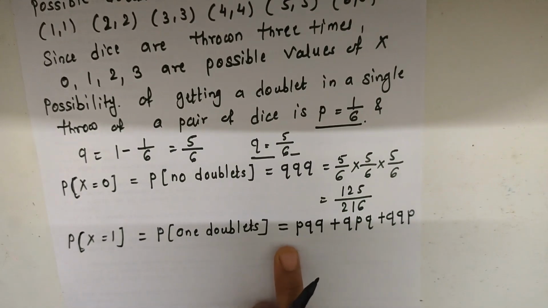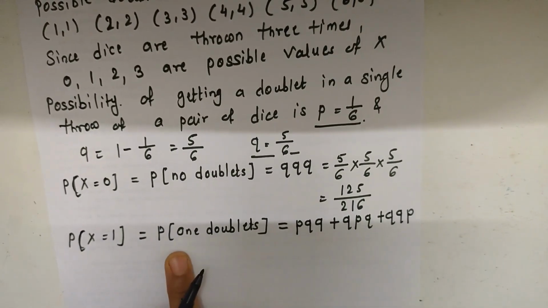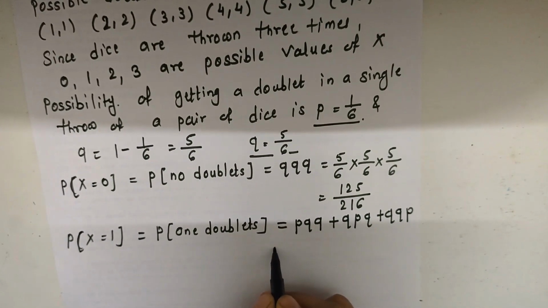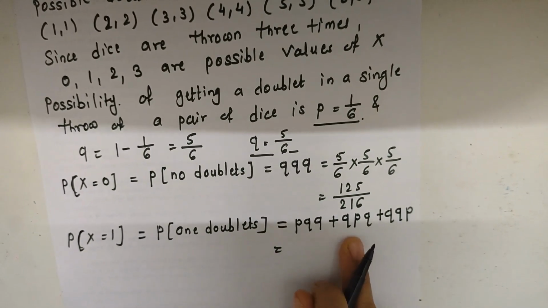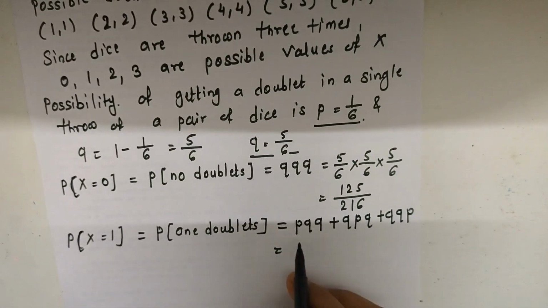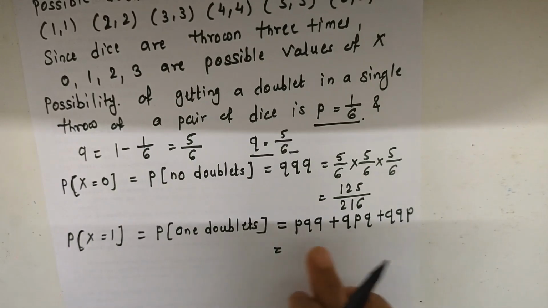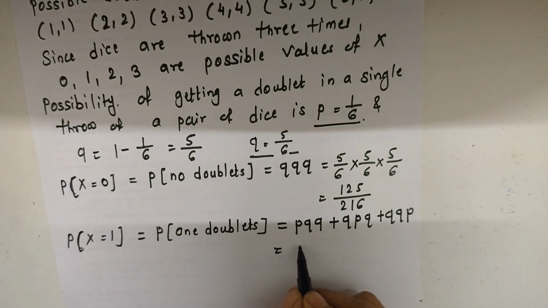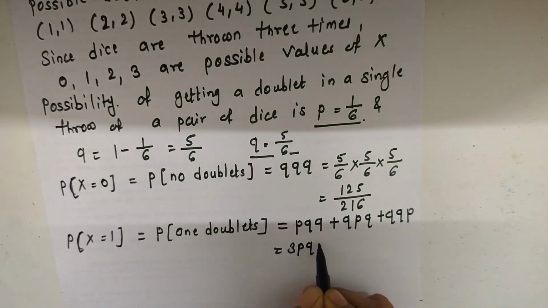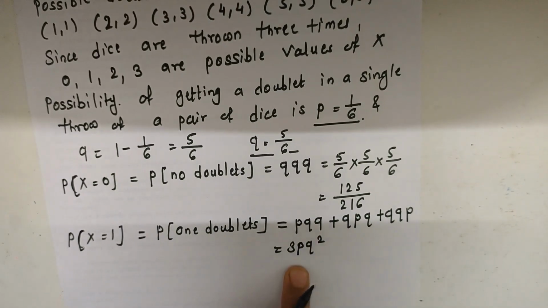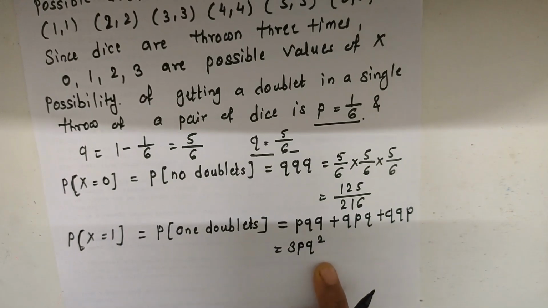So there are 3 possibilities for getting one doublet: PQQ, QPQ plus QQP. The addition of these possibilities is 3PQ square.